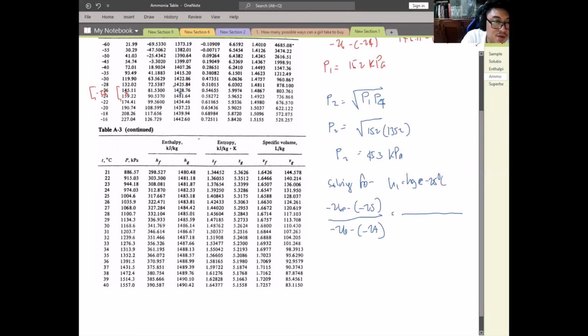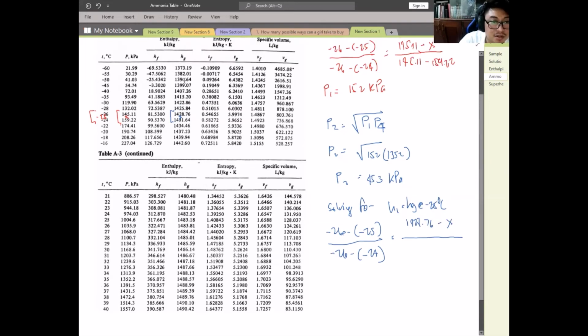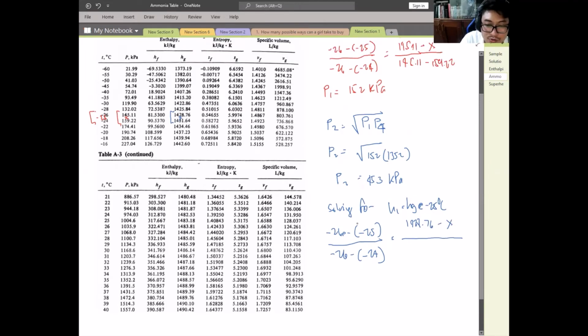So, ratio of H1. Okay, ito po. So, katapat na negative 26 is 1428, okay? 1428.76 minus X. Katapat ng 25 is si X, yung ating HG. So, next is negative 26 pa din, okay?